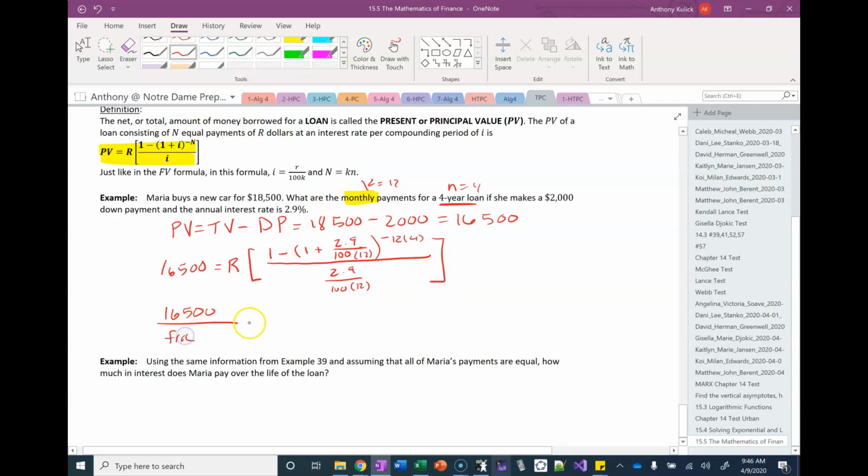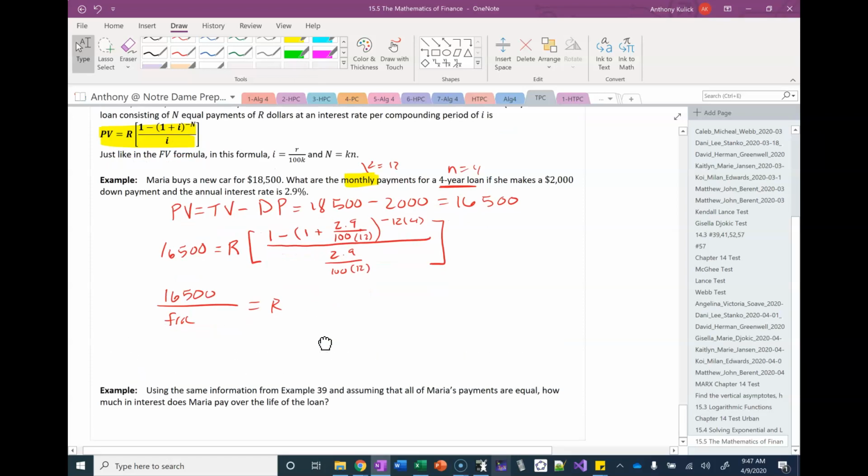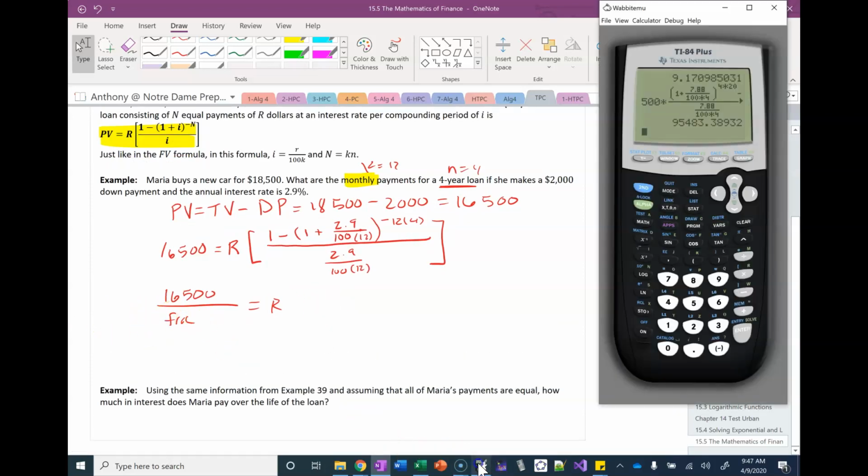And I'm not going to write it all down again because I have it right up there. I'm just going to write it in my calculator directly. So again, I'm going to be using this fraction command on my calculator to make sure that I get this right, because it's not easy to get this to come out right. You need it to look just like it does on your calculator. So I'm going to have the 16,500.